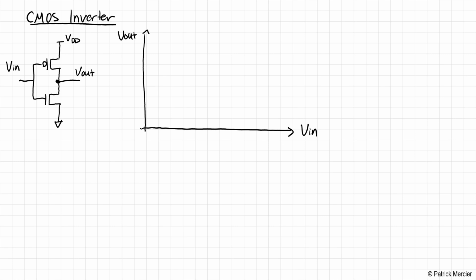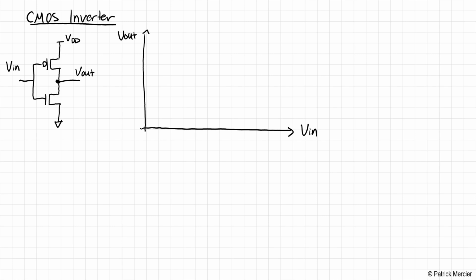Now, what should Vout be if Vin were high? If this were functioning as an inverter, then if a large Vin voltage came to the input of the circuit, the opposite voltage must be coming to the output of the circuit. So Vout should be very low. Perhaps your first inclination is to say, hey, VGS is very large, this transistor is clearly on, it's going to be in the saturation regime.